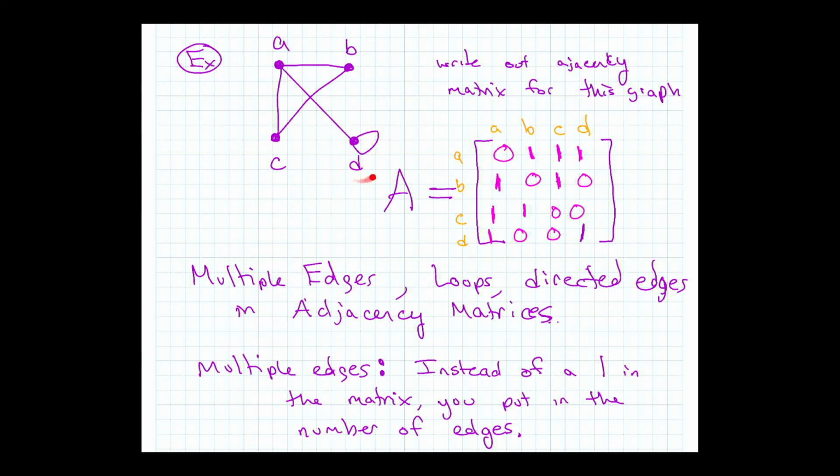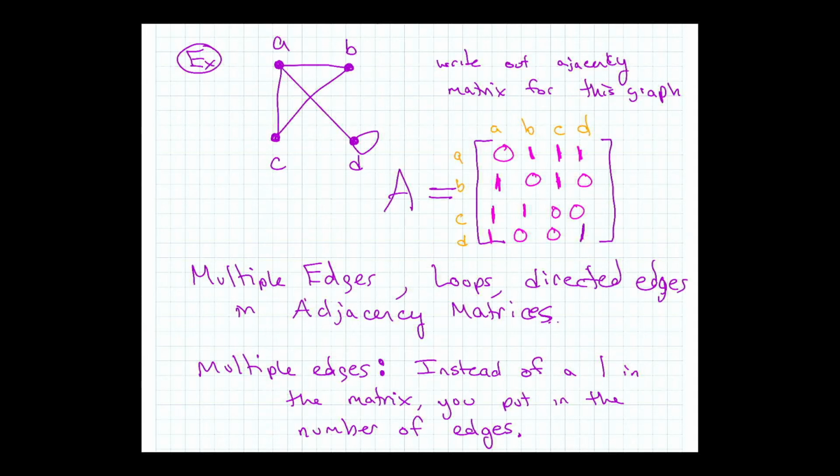Because if you remember the definition of degree, a loop counted twice for degree. So the degree of D, the way I drew it, is actually 3. So if you put a 1 there, then this sum is not going to be the degree of D. And that's kind of bad. The reason I'm explaining this is because there are multiple conventions here.